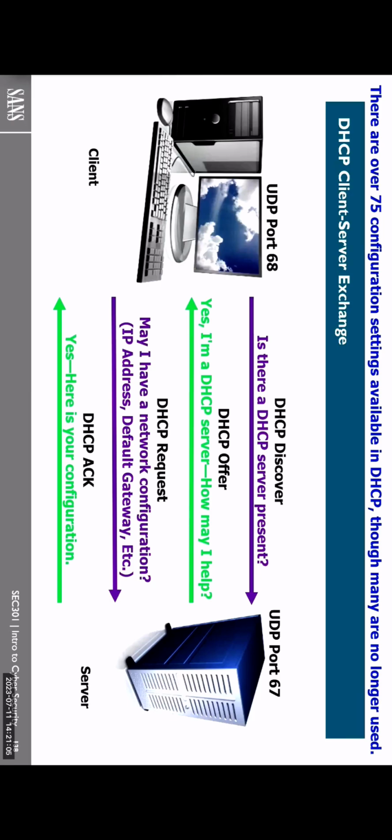Now the question becomes again, what if I get more than one response back from a DHCP server? Which one am I going to believe? Just like ARP, it's the first one. So now Jake, instead of doing an ARP cache poison attack, sets up a rogue DHCP server. And if somebody says, hey, is there a DHCP server?